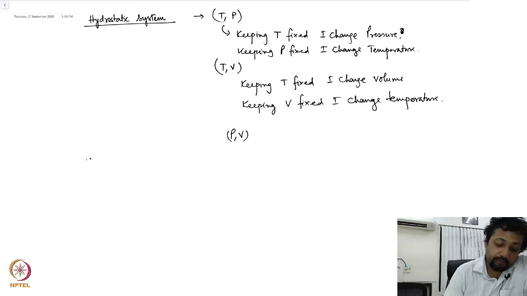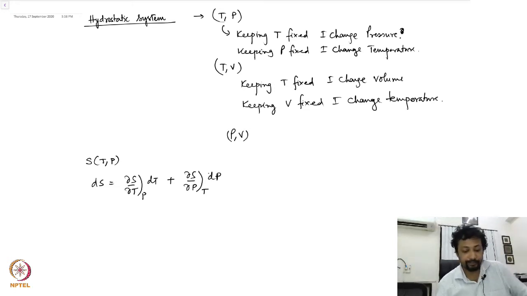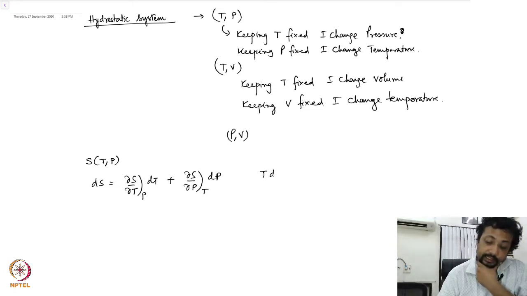I can write down the entropy now as a function of T and P, because this is the information that is given to me. So it follows dS is del S del T at constant pressure, dT, plus del S del P at constant temperature, dP, correct? And therefore TdS is equal to T del S del T at constant pressure dT plus T del S del P at constant temperature dP.